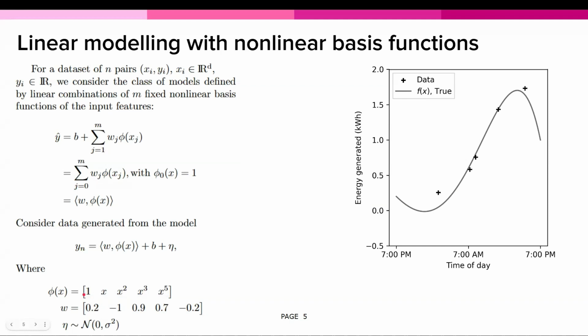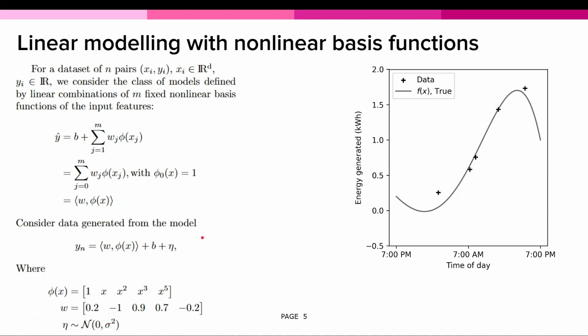We're essentially using various powers of the time variable, and then the true observations were the inner product of those basis functions plus the bias, and then we added some noise to actually get these observed values at each of those points, where the noise itself was drawn from a Gaussian distribution with some variance.